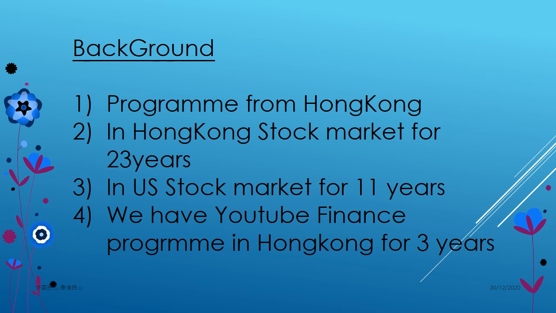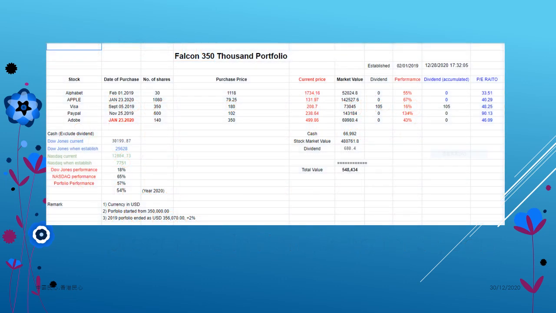And I update it every week. Some of the Hong Kong investment portfolios have been running for 5 years, and I update them every week. I gave this one the name Falcon, and the starting amount is $350,000 US dollars. We completed the portfolio early last year, 2020.